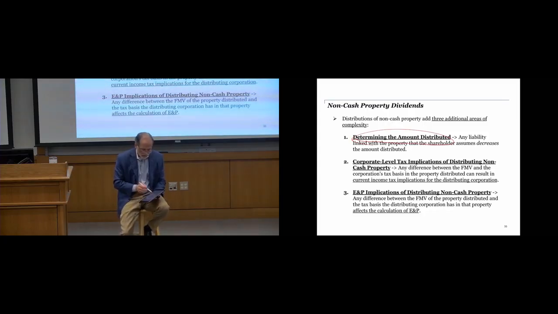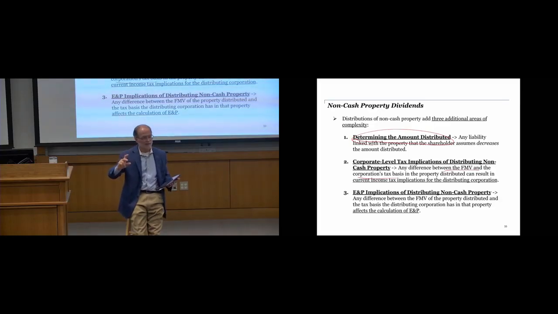Corporations and shareholders are separate taxpayers. If there's a difference between fair market value and the corporation's tax basis in the property, particularly if there's a gain, the gain will be recognized when it leaves the corporation.